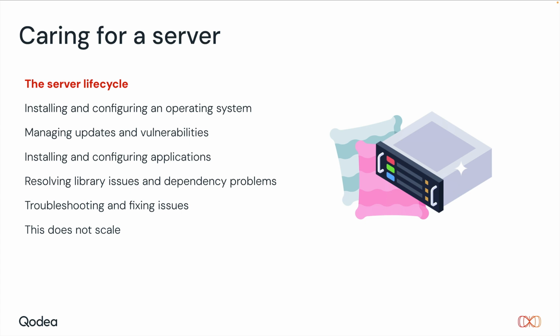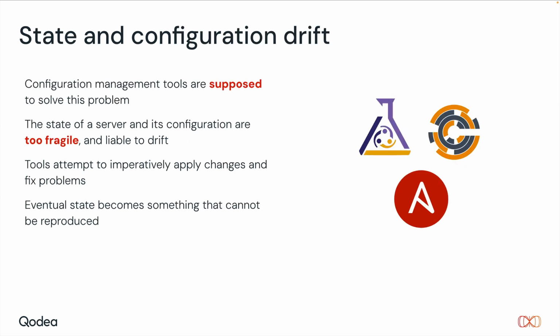Once demand for our application outgrows the power of a single server, we're doubling our own workload. Now, this is a problem people have been trying to solve for a long time, which is why we have a plethora of different configuration management tools available to us. The problem is that the state of the server, with all of its different software packages, libraries, configuration options and dependencies, is too fragile, and it's liable to drift.